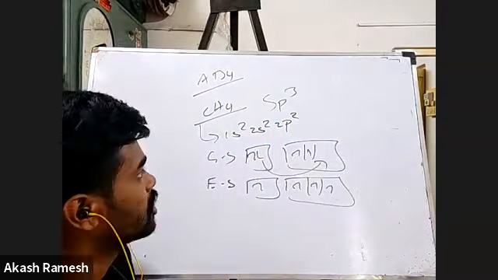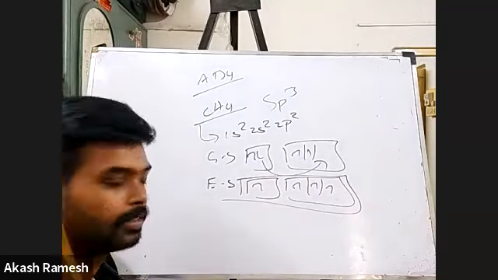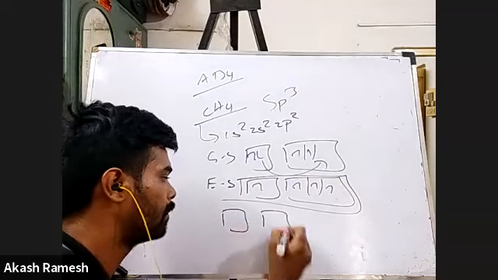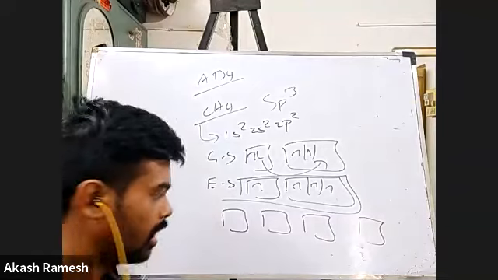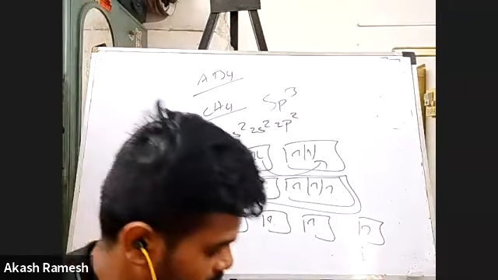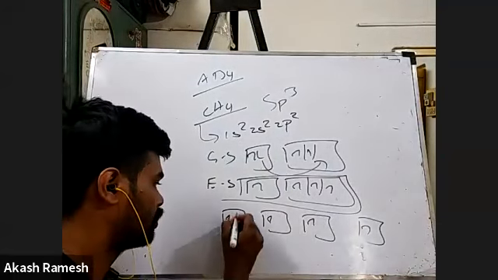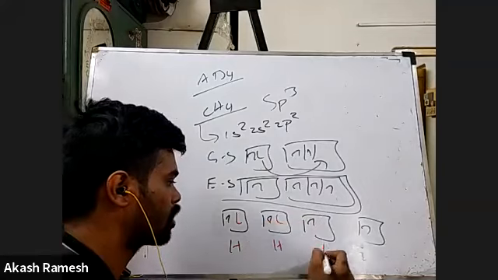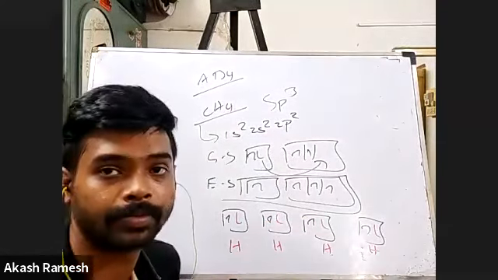Done. So what is the hybridization here? sp3. So you have 4 sp3 hybridized orbitals, each having one electron, and you have 4 hydrogen atoms giving one electron, completing the sigma bond, 4 sigma bonds.